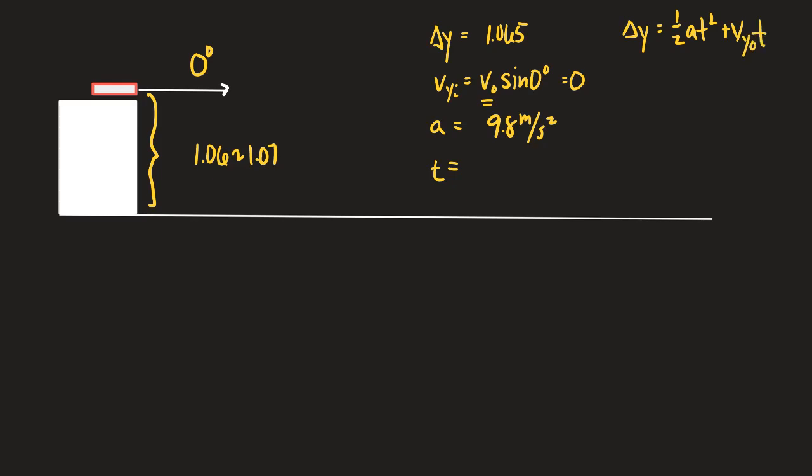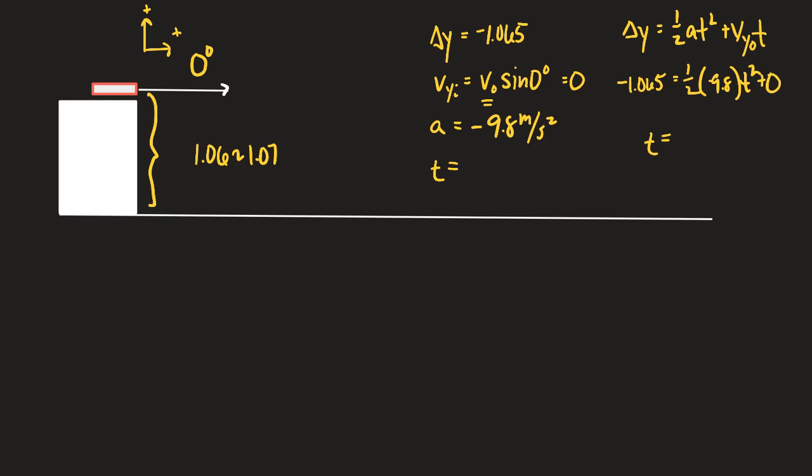But, and I stress, this is downwards and this is downwards, so let's make upwards positive and to the right positive. This will make it negative 1.065 equals 1/2 times negative 9.8 t squared plus 0. So then you could find out how long it took to reach the ground.